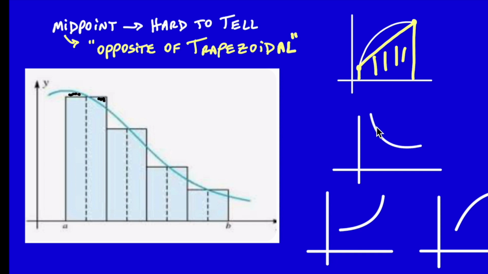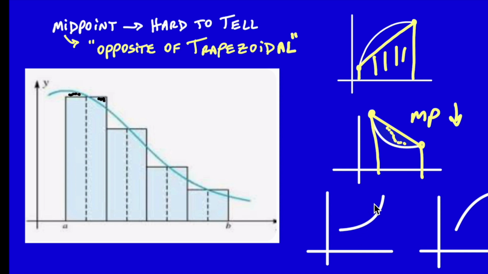Here, we're concave up and we're decreasing. We would do a trapezoidal summation. Here we go. We could see that this trapezoid is an overestimate of the graph. Therefore, the midpoint would be the opposite. It would be an underestimate.